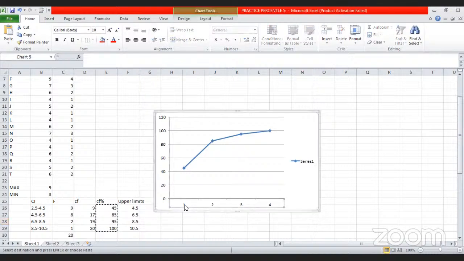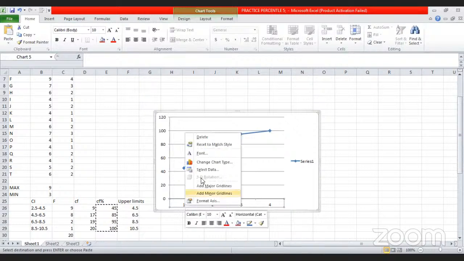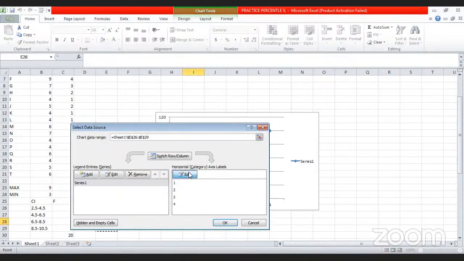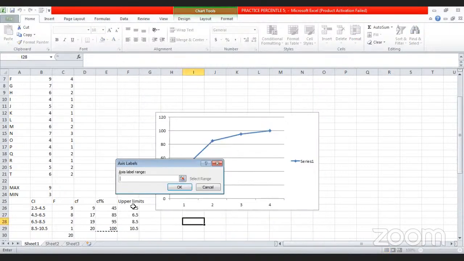I will select that x-axis data, right click, select data, edit, selecting the upper limits. Okay.